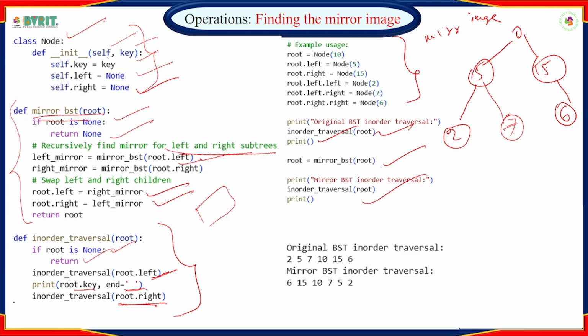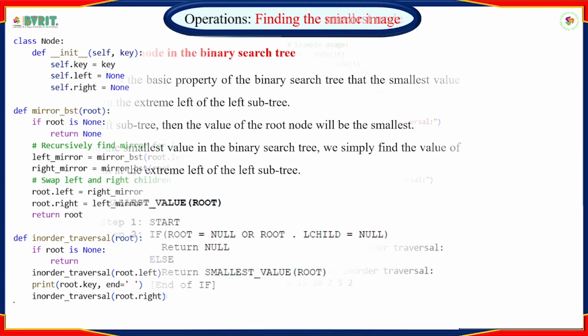Initially, the inorder is 2, 5, 7, 10, 15, 6. After mirror image, it is 6, 15, 10, 7, 5, 2. This is the result after the mirror binary search tree.